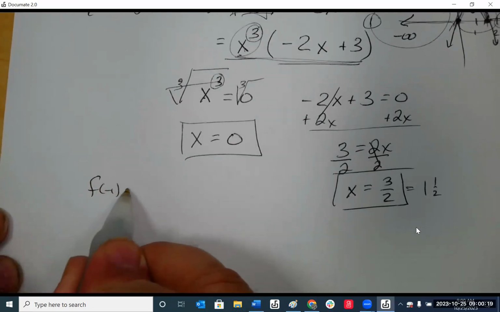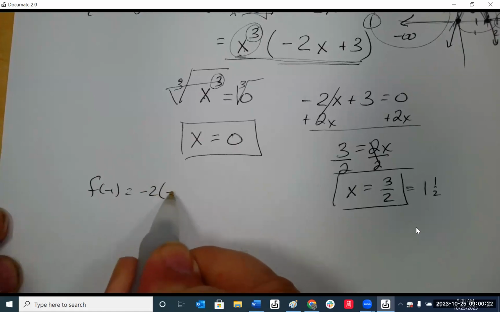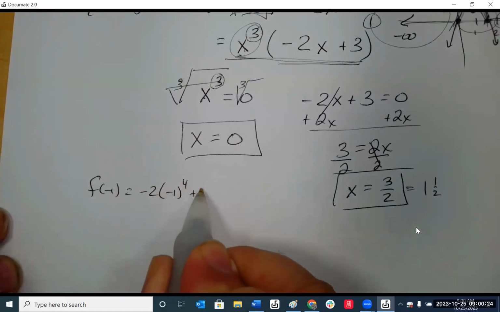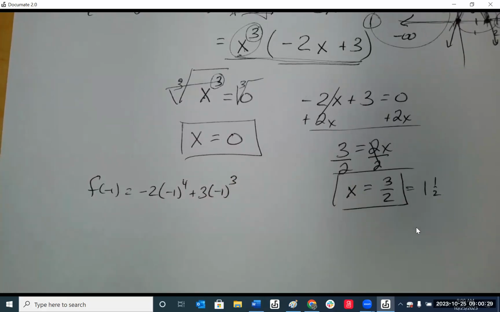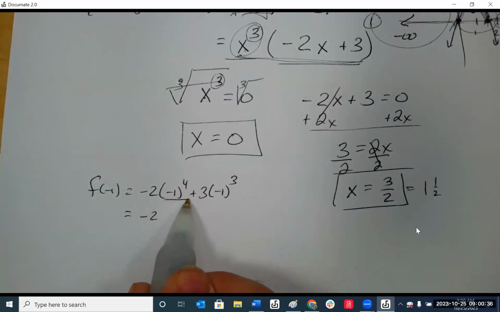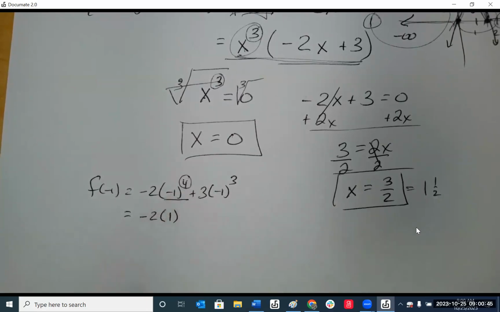At f of -1, we have -2 times (-1) to the 4th plus 3 times (-1) to the 3rd. -1 to the 4th: any number to an even power becomes positive. -1 times -1 is positive. -1 times -1 times -1 is negative.